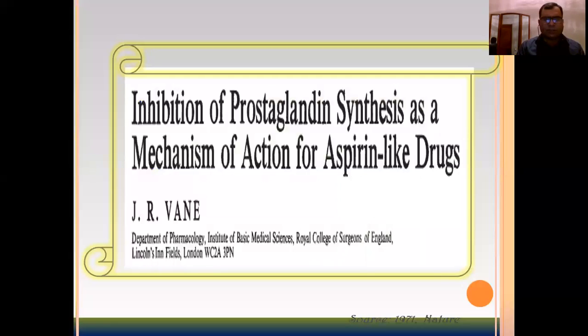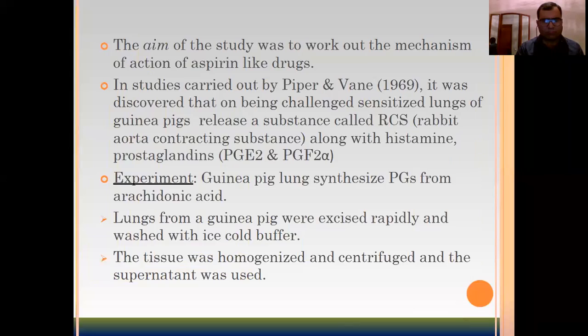Inhibition of prostaglandin synthesis as a mechanism of action of aspirin-like drugs. The aim of the study was to work out the mechanism of action of aspirin-like drugs, in studies carried out by Piper and Vane in 1969.